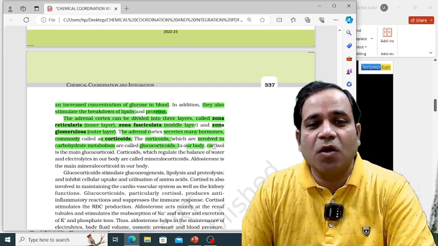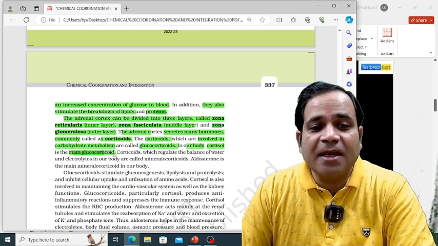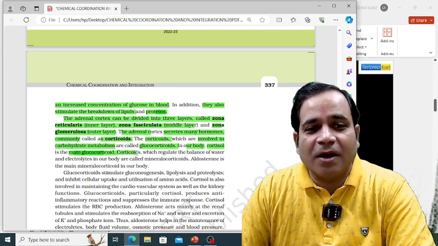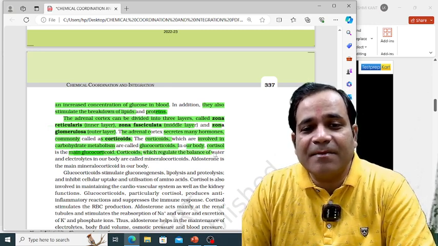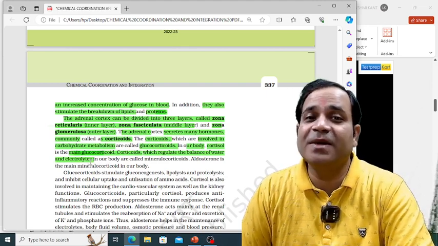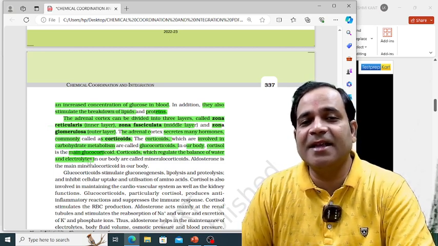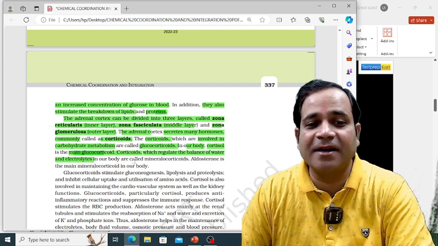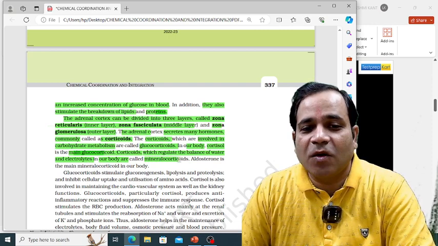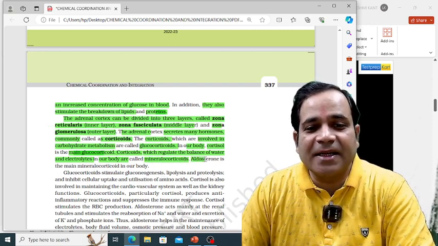In our body, cortisol is the main glucocorticoid. The corticoids which regulate the balance of water and electrolytes in our body are called mineralocorticoids.